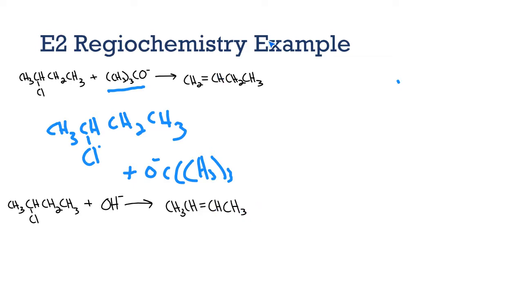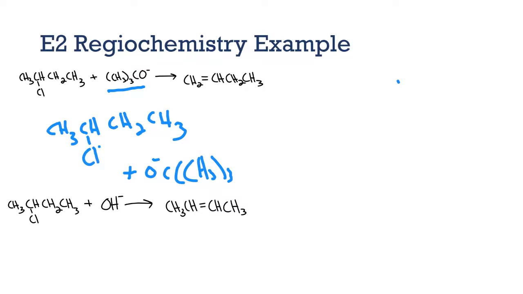And that is because if I try to get this, I'll try to make sure you can see this here. So this is t-butoxide, right? And this is our substrate. The more stable product would be formed if my t-butoxide took this hydrogen here.